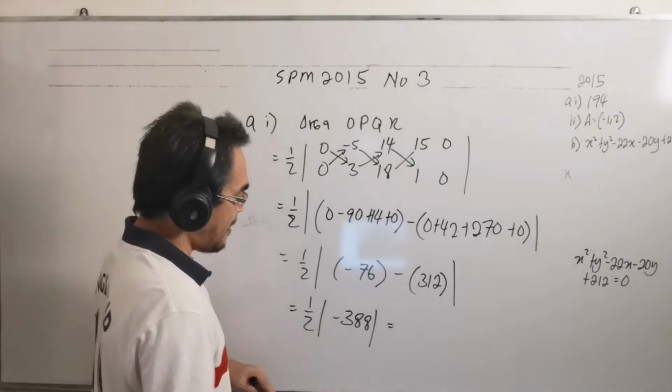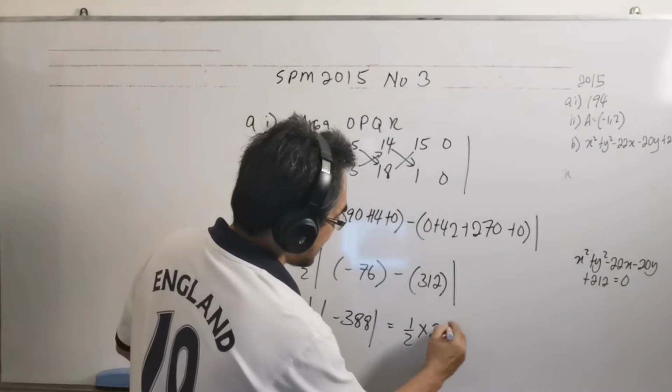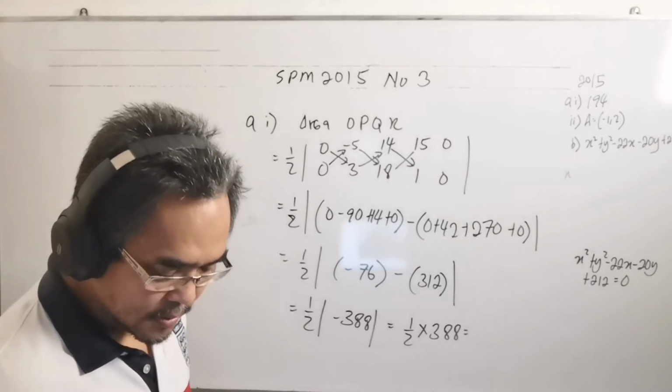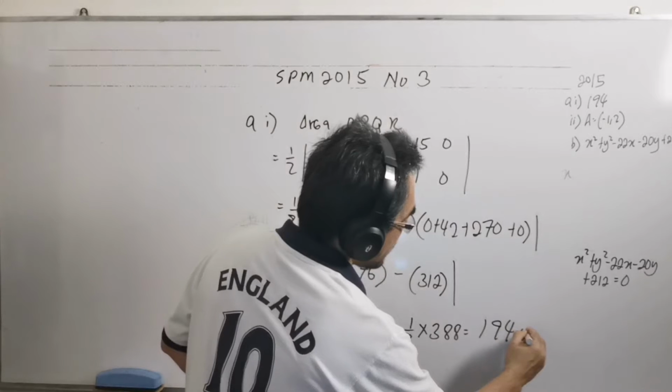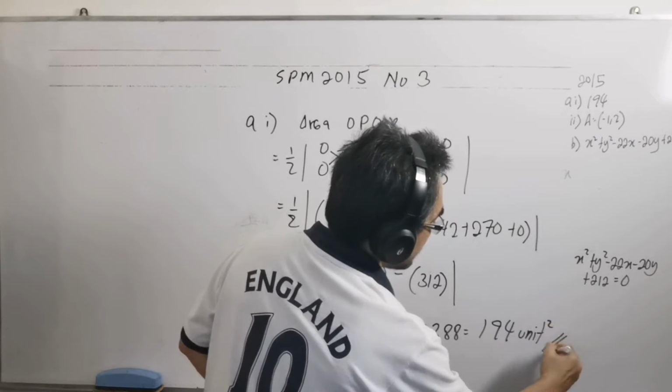Then you multiply, it is the same as 1/2 times 388. That is 194 unit square.